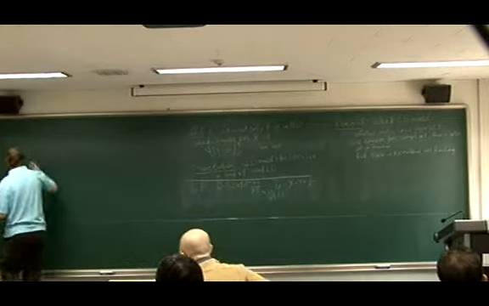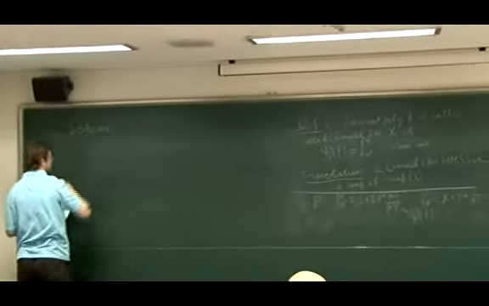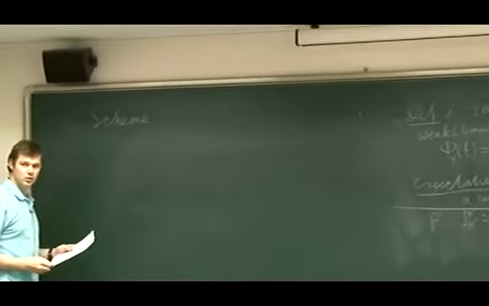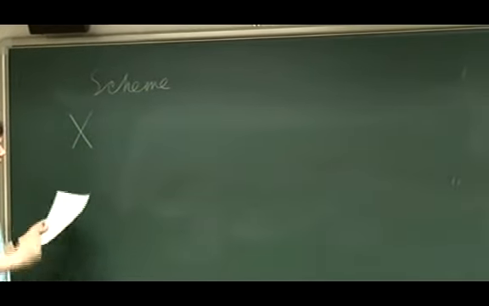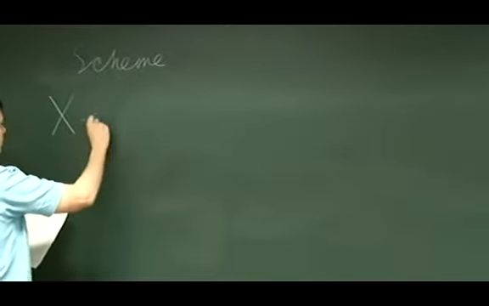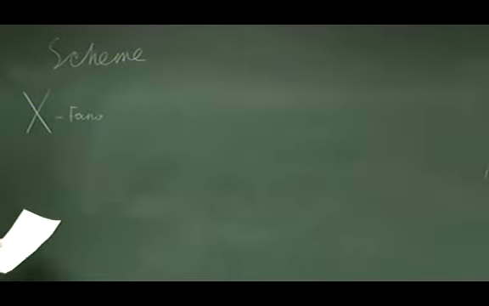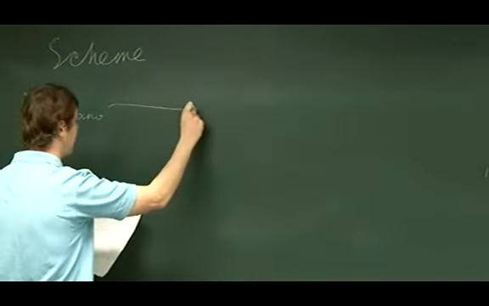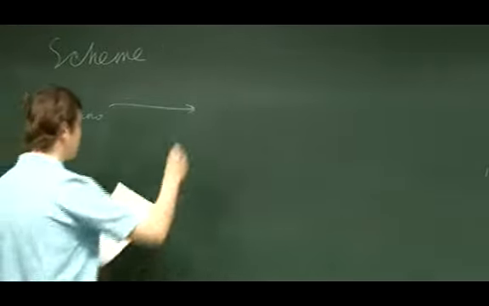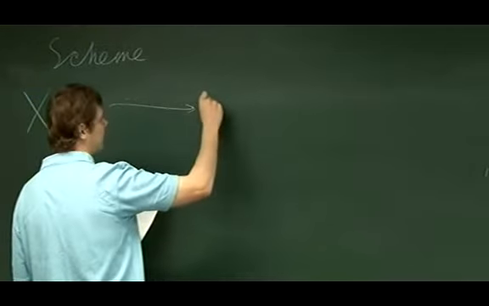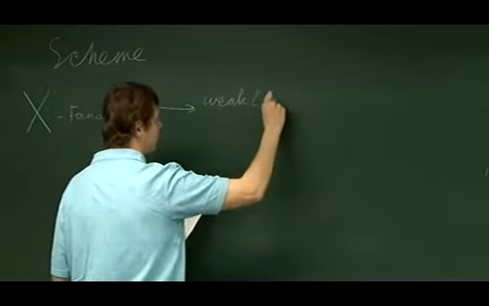Okay, so the scheme of using this approach is the following. We have some funny variety we want to study. Then, using all I've told about, we may sometimes find a weak Landau-Ginzburg model.